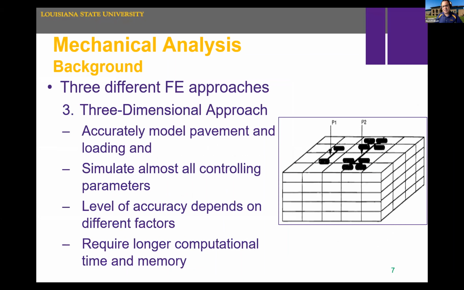The main limitation is that it's a little more complicated, so it requires advanced computational tools and more computational power in order to conduct and run the model. So we used the three-dimensional method in this study because obviously we wanted to account for the vehicle speed and the accurate representation of the loading area.